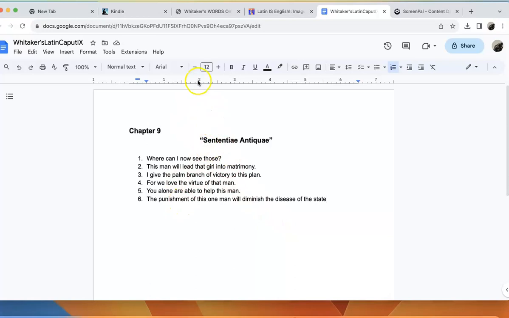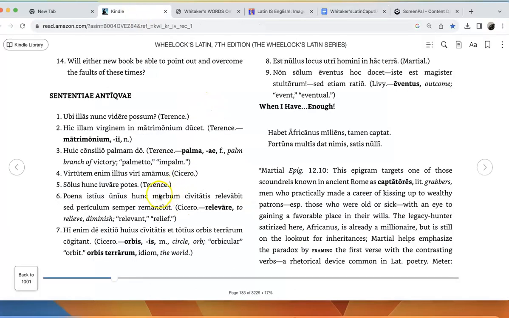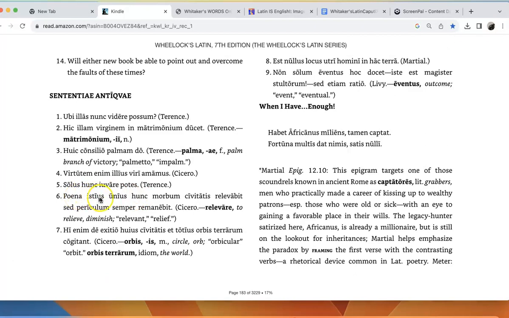So let's take a look at, so the punishment, poena, of that one man, so when the context tells us it's man, will diminish the disease of the state. Now again, this is Cicero, and Cicero is probably talking about Catiline.